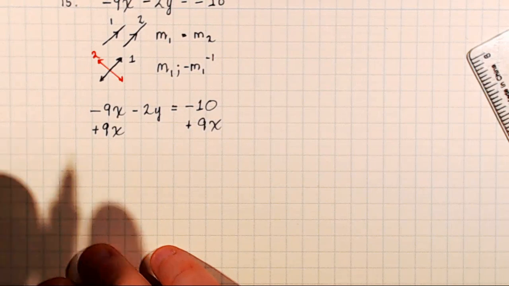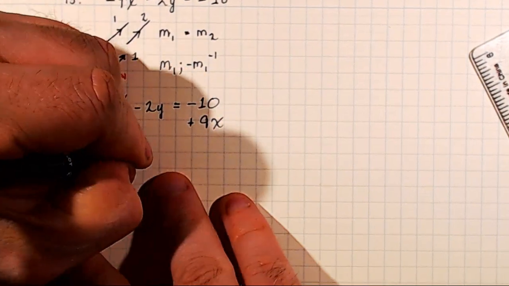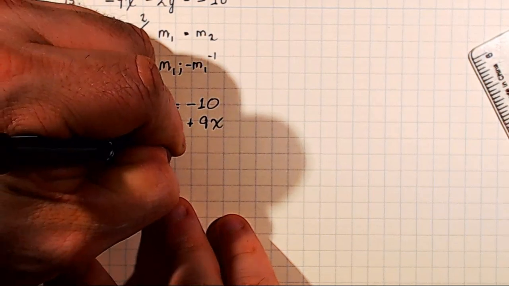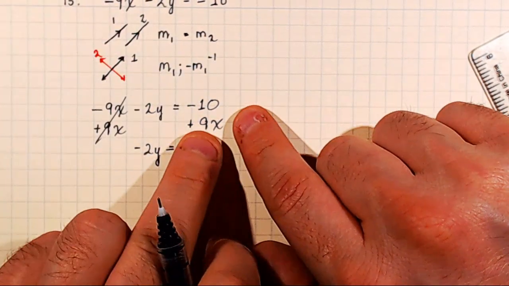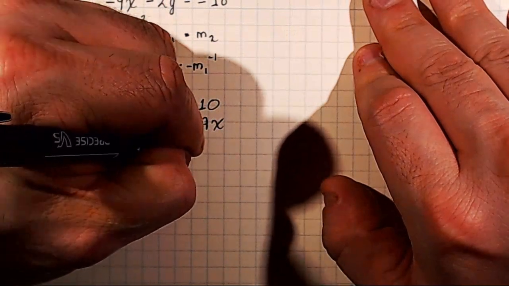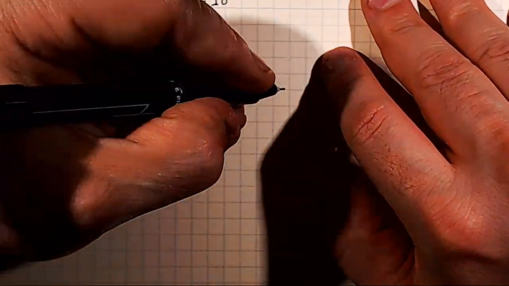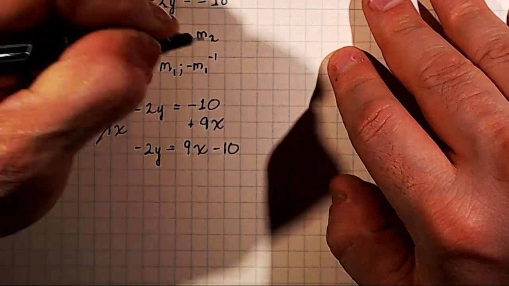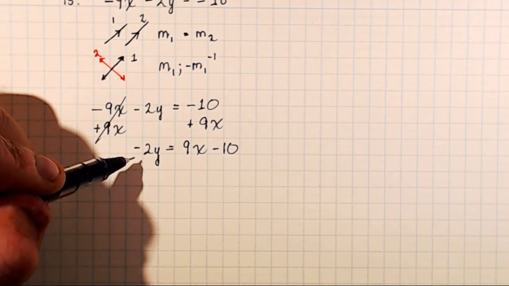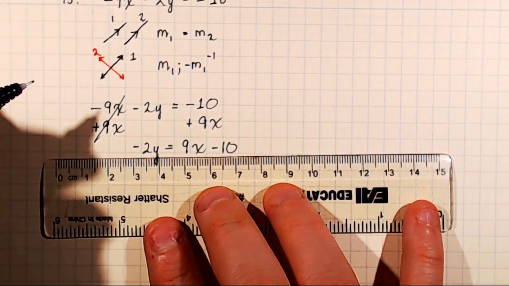On the left side of the equal sign, this cancels out, and I'm left with negative 2y by itself equals, and remember, oil and water here, apples and oranges, I have 9x and then negative 10, minus 10. Okay, so I haven't yet come to the end because I have to divide both sides now by negative 2.